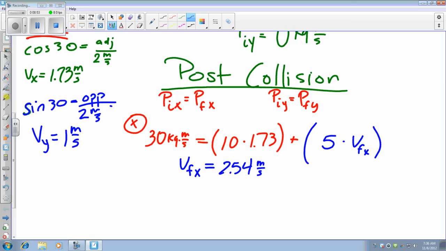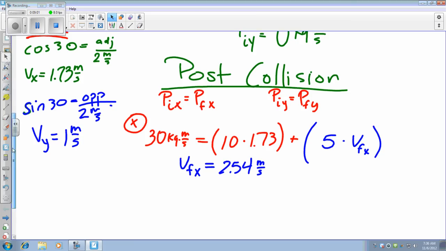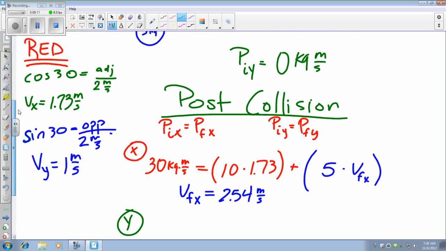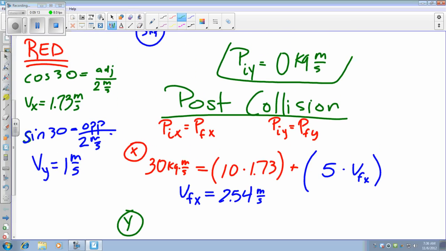All right, well, let's find the final velocity of our 5 kilogram ball in the y component. So let's do some y data next. Now the initial momentum in the y was 0 kilogram meters per second.